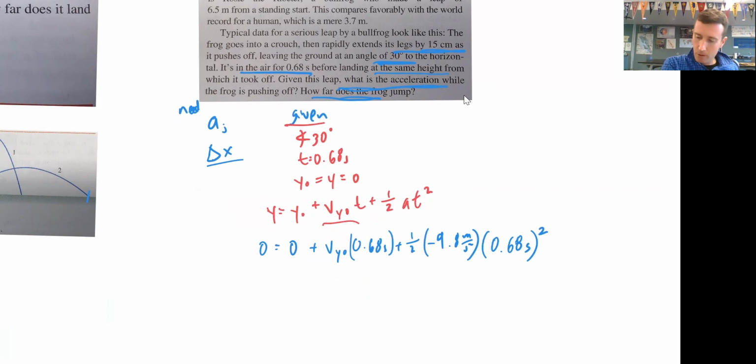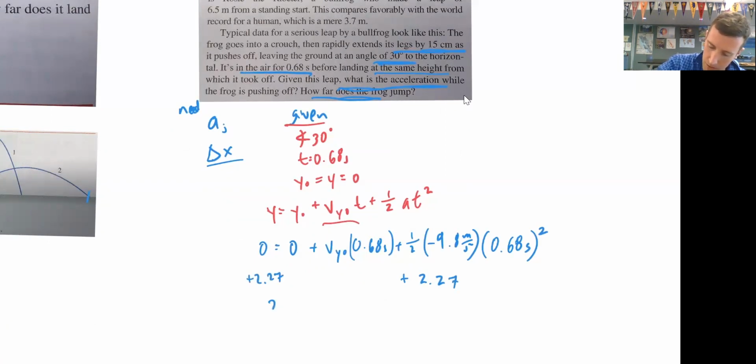So I'm going to do 0.68 squared times 4.9. In order to get rid of this, I'm going to add 2.27 to both sides.